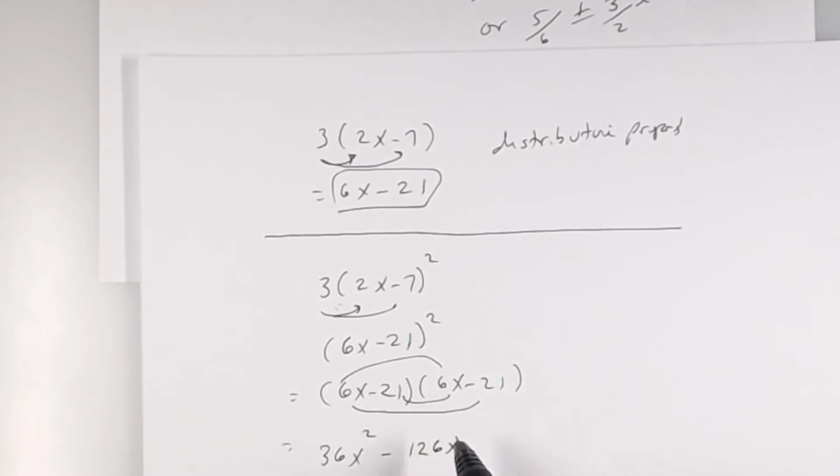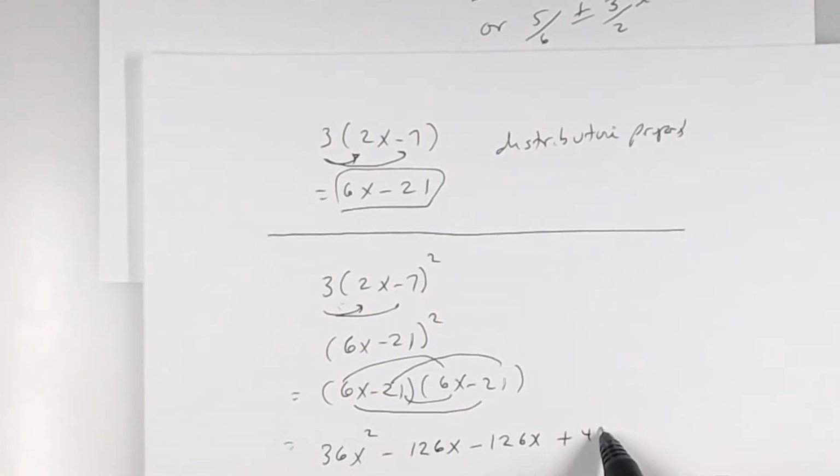And the inner is also the same thing because you're squaring the same binomial. And then what's the negative 21 times the negative 21? 441. Okay. And so this becomes 36x squared minus 252x plus 441.